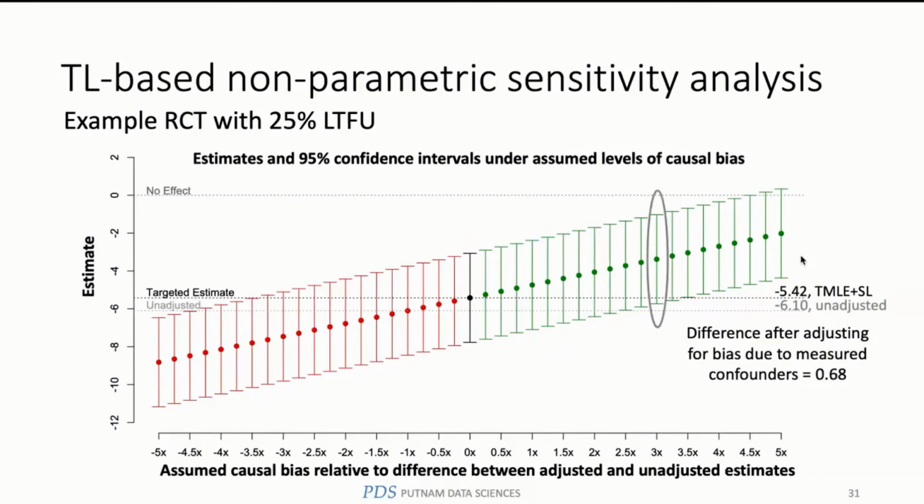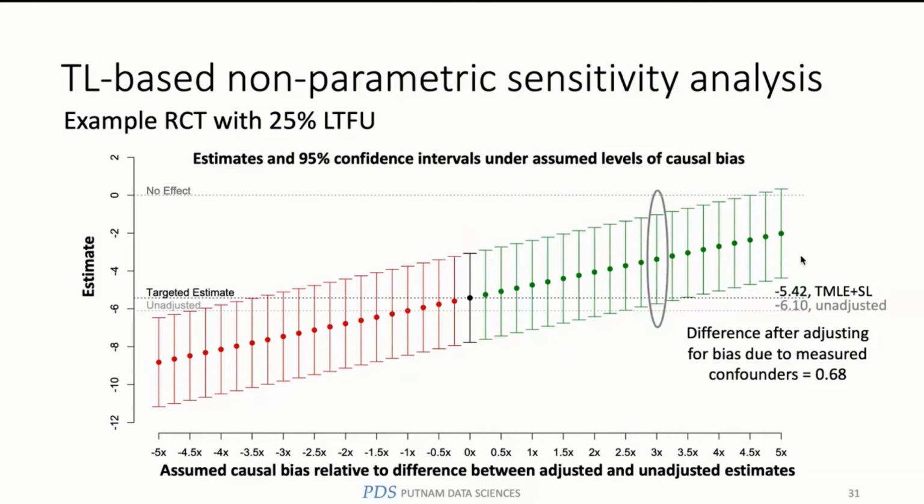What if it was in the other direction? What if it was 3 times as large and it had made us think that the treatment effect was real, but it was actually a lot less real than we thought? Well, actually, we still would have a treatment that reduced the headache score by about 4, and the confidence intervals are still well below the null.